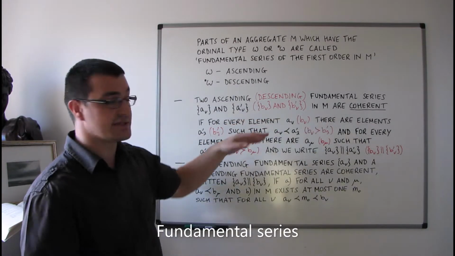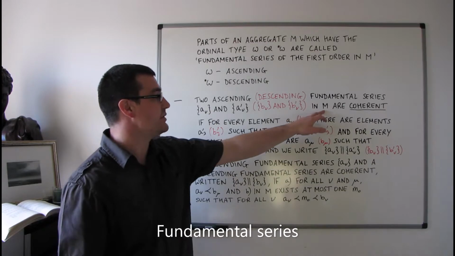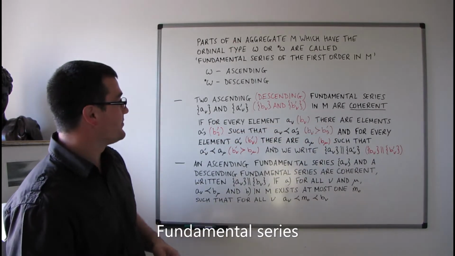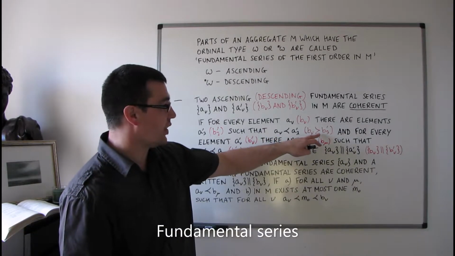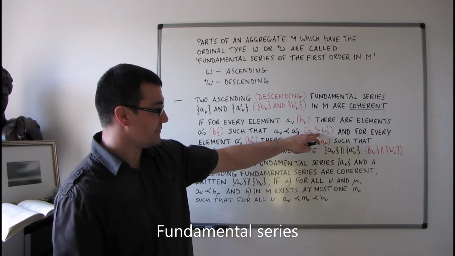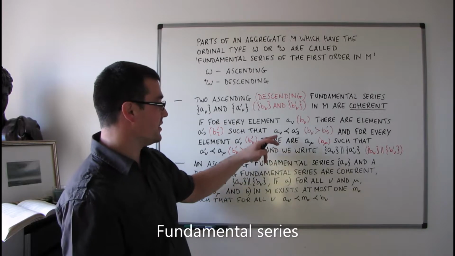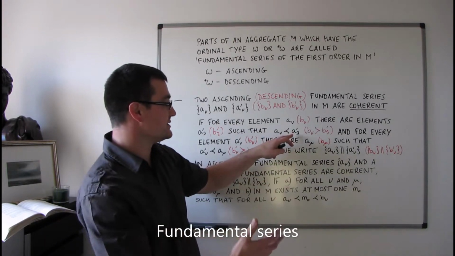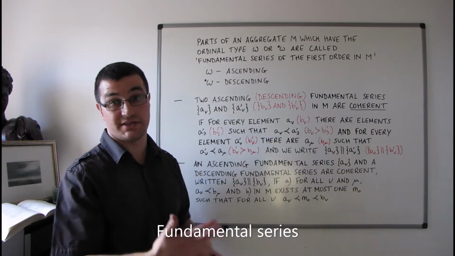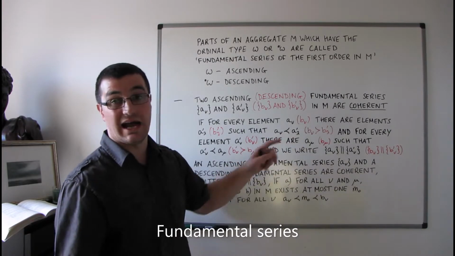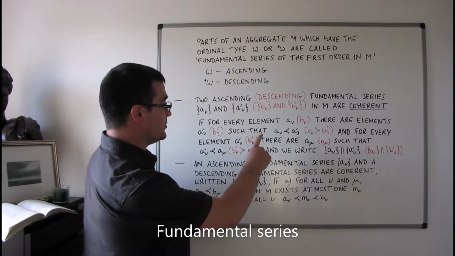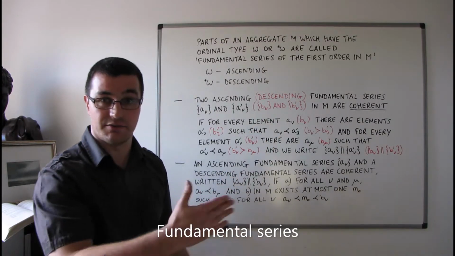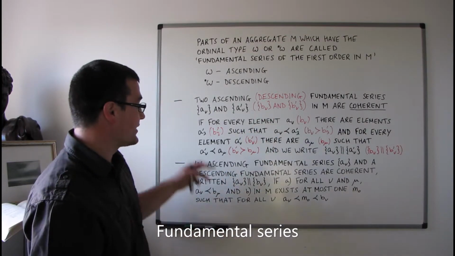Obviously the fundamental series both have to be in M, because if we look further on, we're talking about ordering between elements of one fundamental series and the other. This can only happen if they're in the same aggregate.